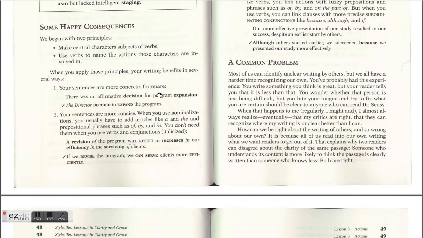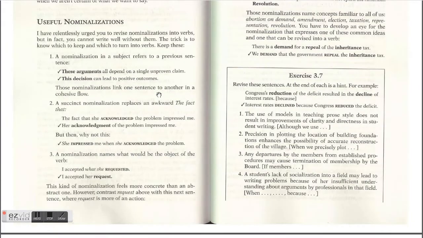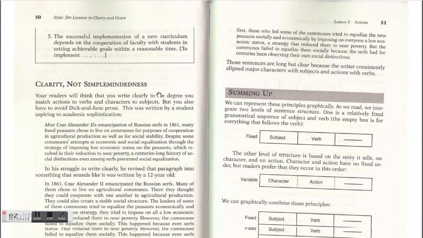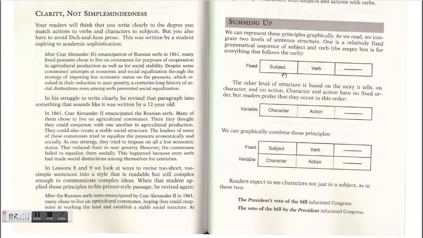Each chapter ends with a summation, so summing up. As you can see, what we want to do is put our characters in the subject position of the sentence and what those characters are doing in the verb position. This is basically talking about active voice.